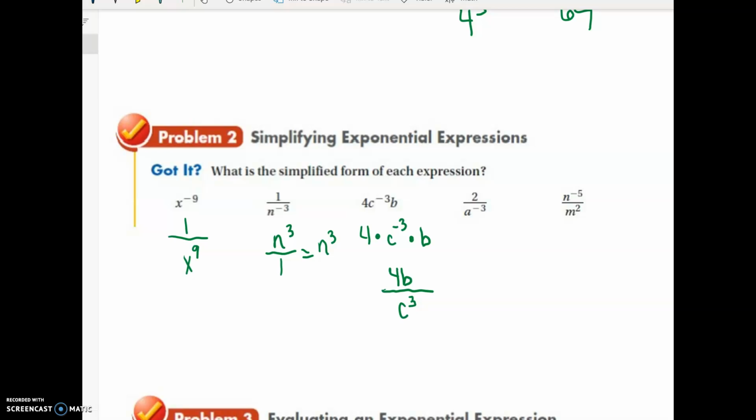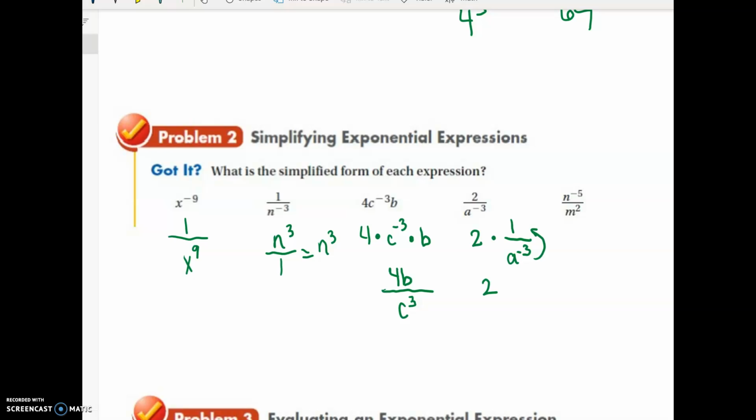Okay. Here, again, think of this as 2 times 1 over a to the negative third, if I were to split that apart and rewrite it as a multiplication problem. So the 2 stays where it is, but the negative 3 is going to move to the top.